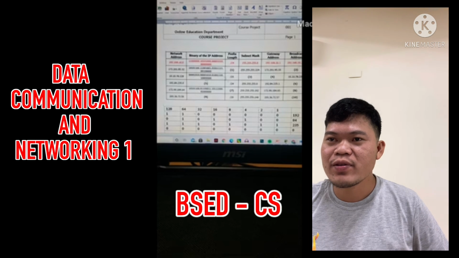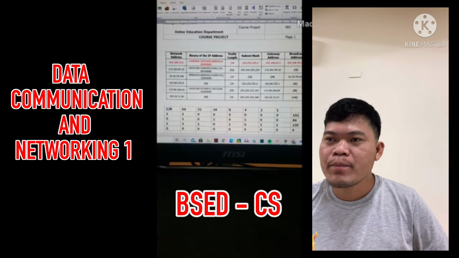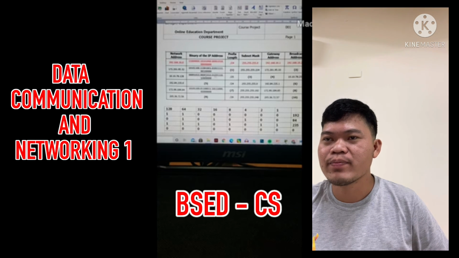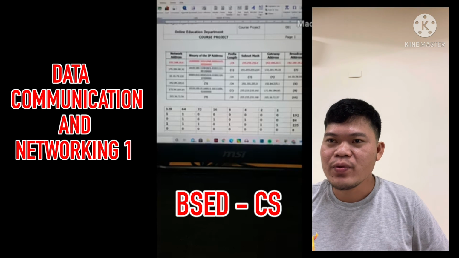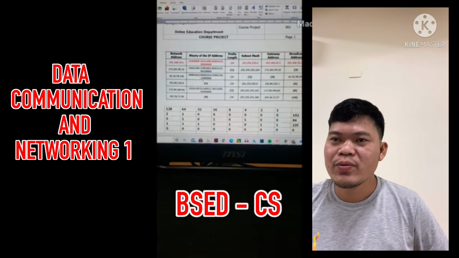So here is, for example, 255. We want to calculate all, which is the default subnet mask, and we're going to find the host. So here is 128.